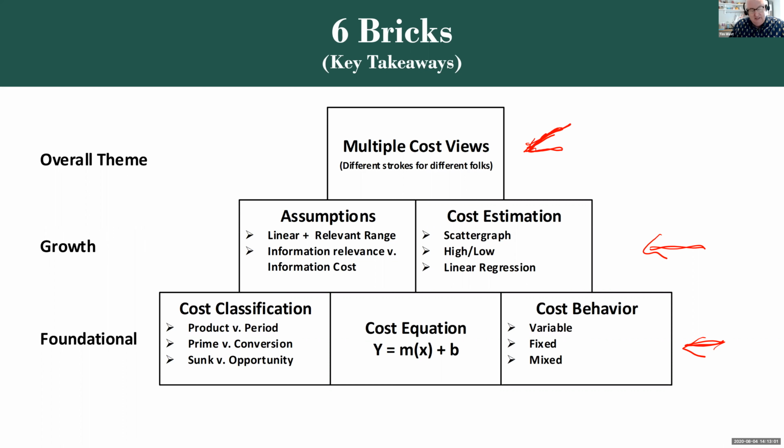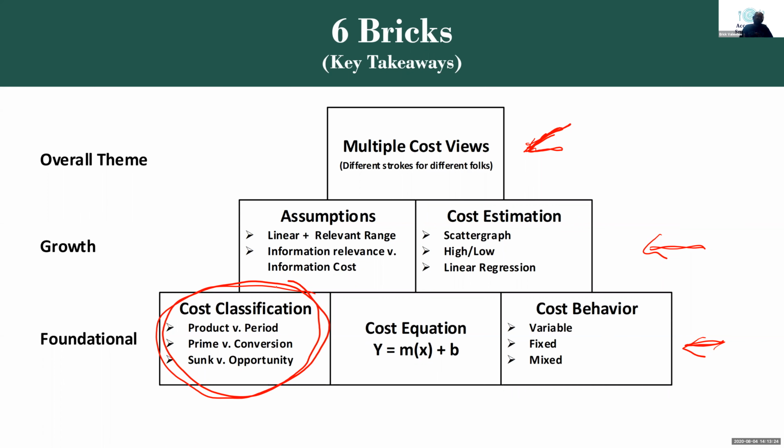Where you're headed, the conclusion is going to be making sure you can see costs in multiple views. So, Eric, why don't you start us down here in this bottom corner with cost classifications. You don't have to go into all the details, but give us a quick overview of those kinds of ideas.